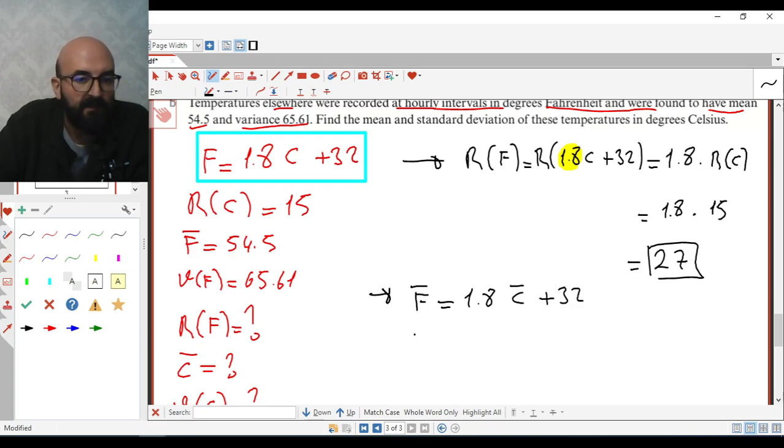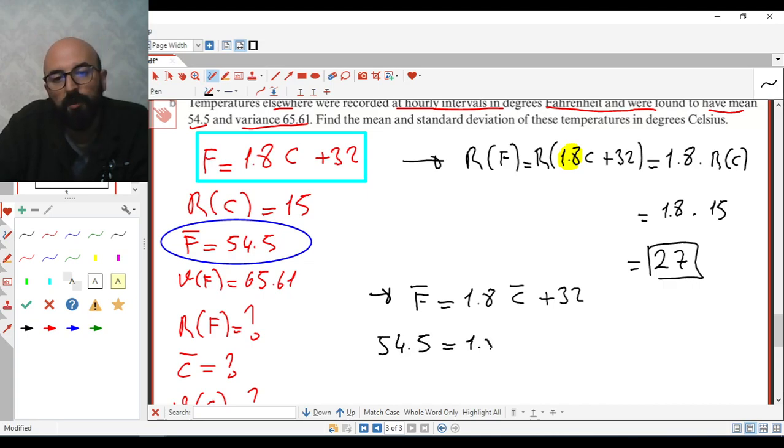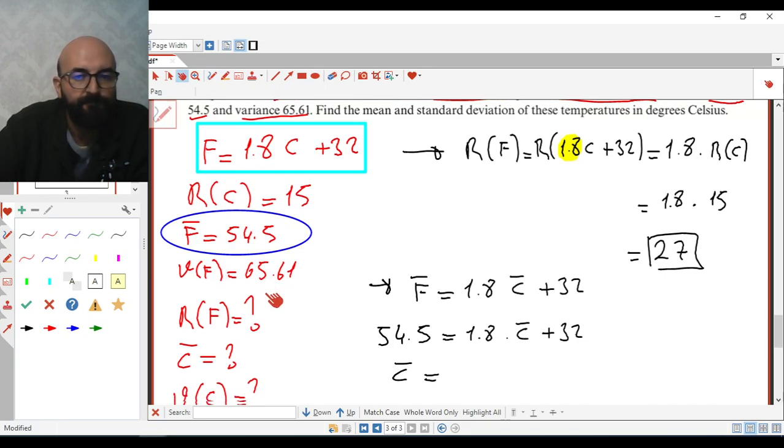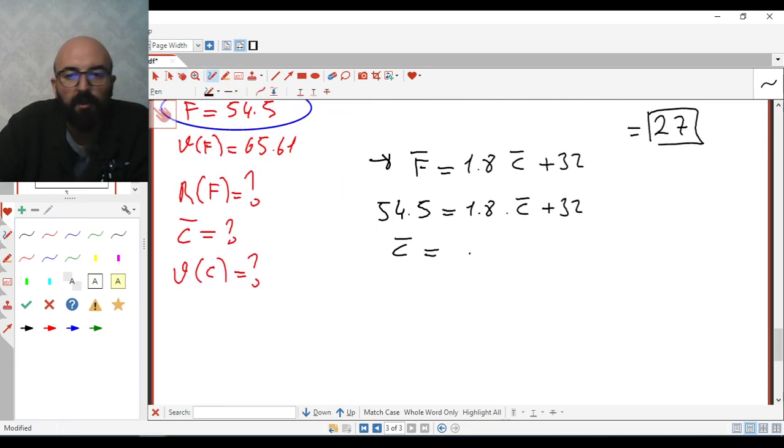The mean of Fahrenheit is 54.5, which equals 1.8 multiplied by the mean of C plus 32, so the mean of C equals (54.5 minus 32) over 1.8.